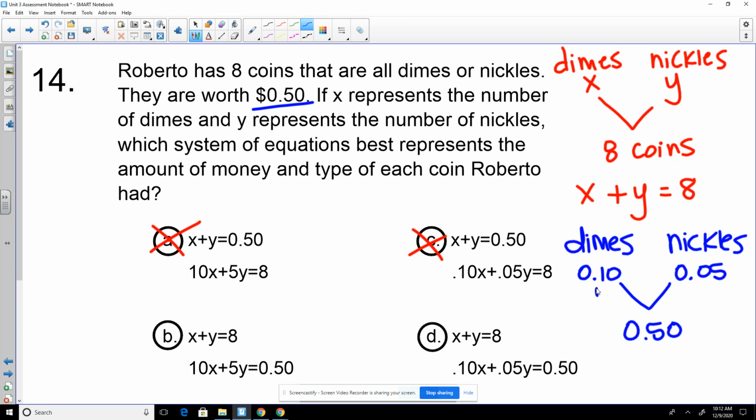And we know that X represents dimes and Y represents nickels. So 0.10x plus 0.05y equals 50 cents. So I can eliminate B because that gave me 10 and 5 for the value of a dime and a nickel. A dime is not worth $10 and a nickel is not $5. A dime is 10 cents and a nickel is 5 cents. So your answer would be D.